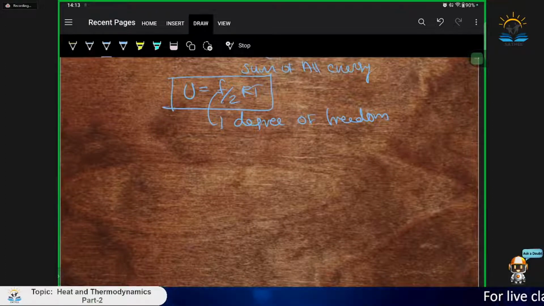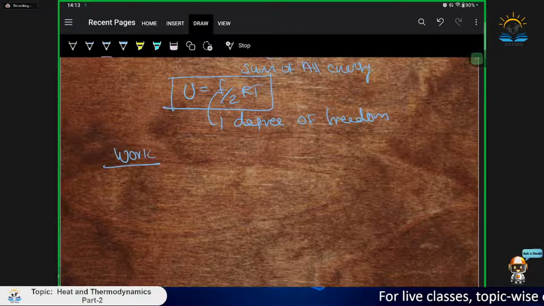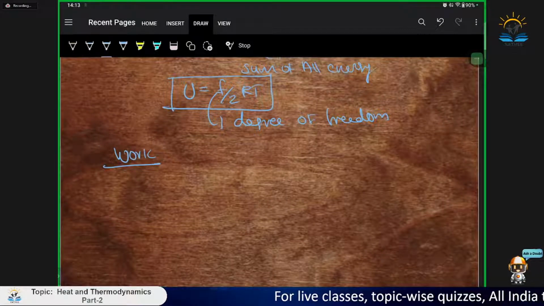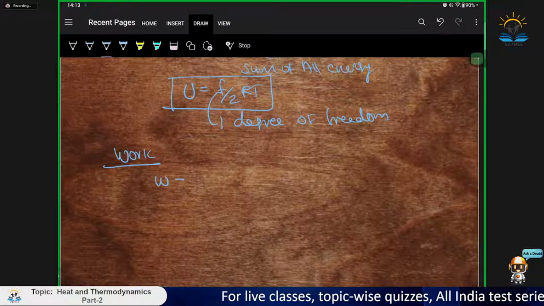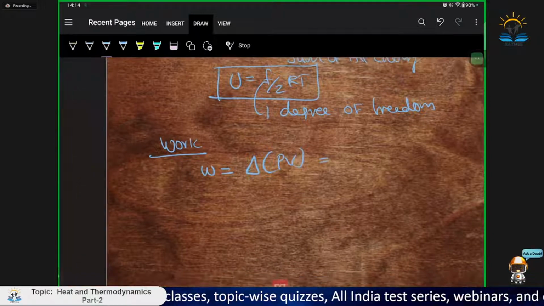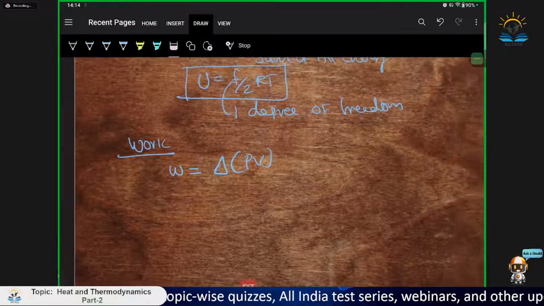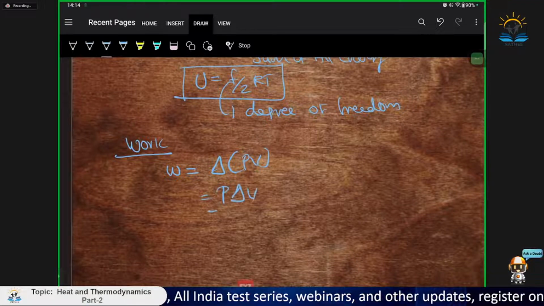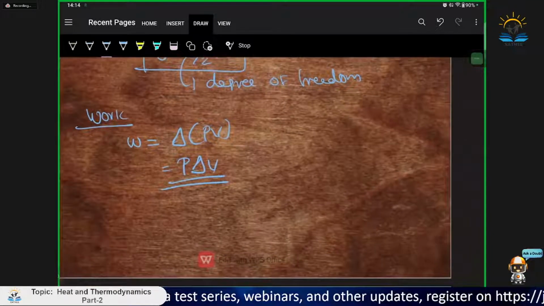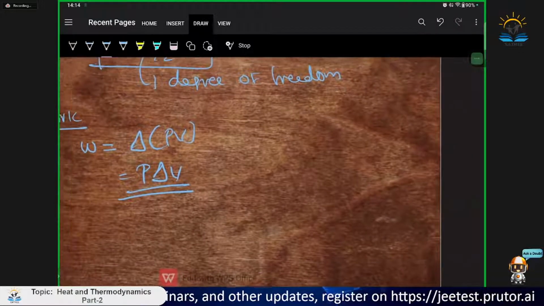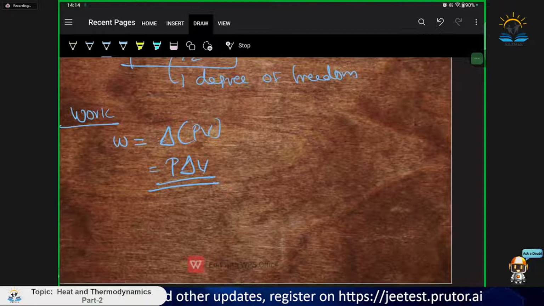Now, let's see work. We know how to measure work. The equation to measure work is P delta V; at a constant pressure, it will be P delta V. We should understand the sign in work, how to give negative and positive.